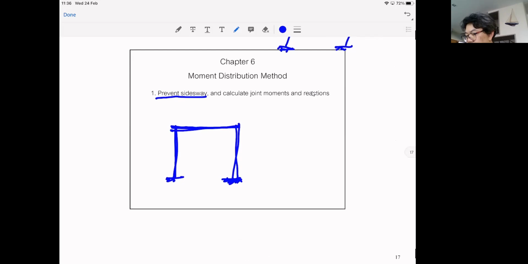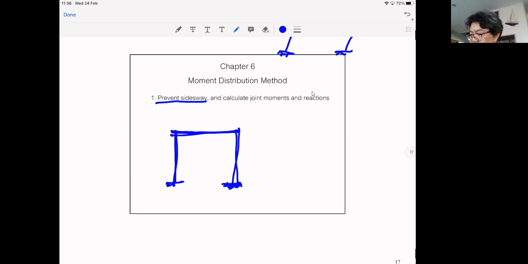Let's use the same loading, and let's say I put some load here.